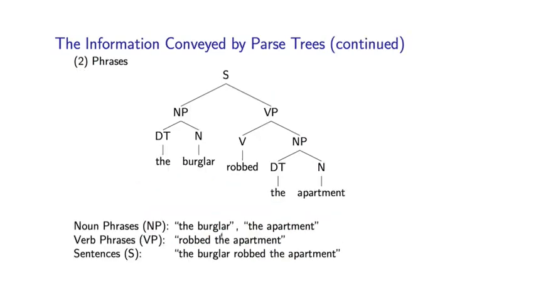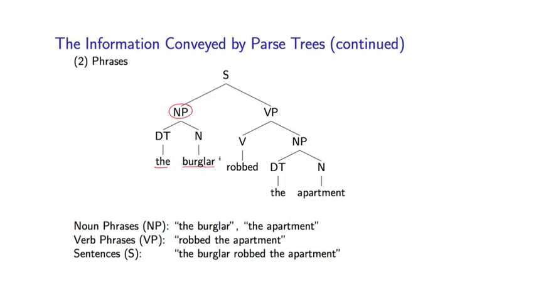If we look a little higher, we're going to start to see some hierarchical grouping of words into phrases, or what are often called constituents. So if I take any node in this tree, take for example this NP node here, it indirectly dominates a sequence of words. So this dominates the two words the and burglar in this case.